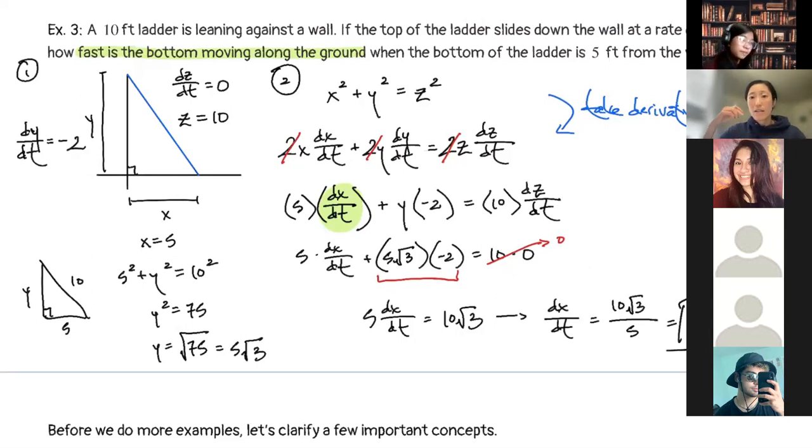Now, let's go back to this conversation about positives and negatives, though. We got a positive answer out. That means that our x distance is growing. It's getting bigger. That makes sense, right? Because even before we looked at this question, we knew that if the ladder is sliding down the wall, the vertical distance is getting smaller, but the horizontal distance is getting bigger.